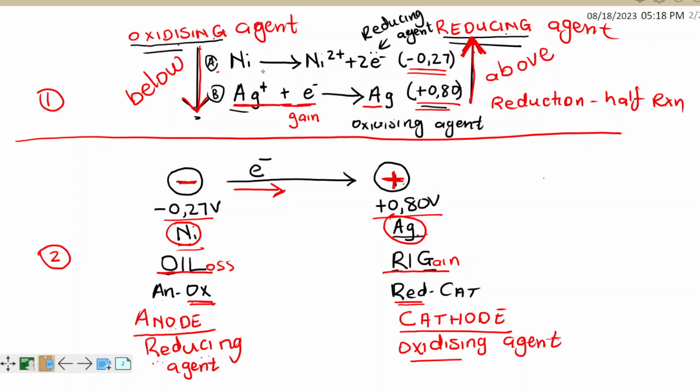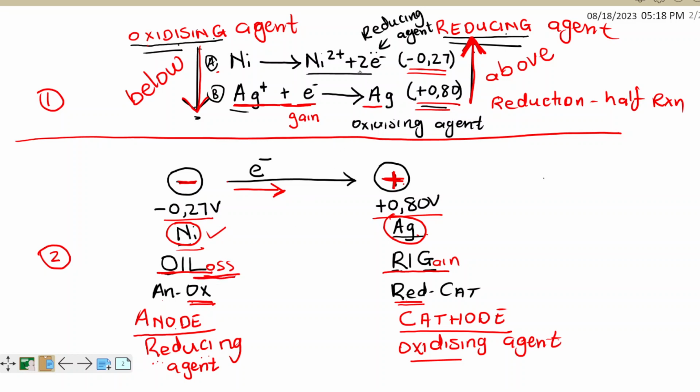Here it is. You see, the nickel was on the right, I put it on the left. The Ni2+ plus 2 electrons were on the left, I put them on the right. Why do I do that? Because according to my knowledge here, I know that on the nickel there's a loss of electrons.